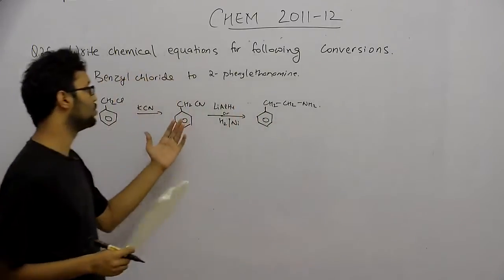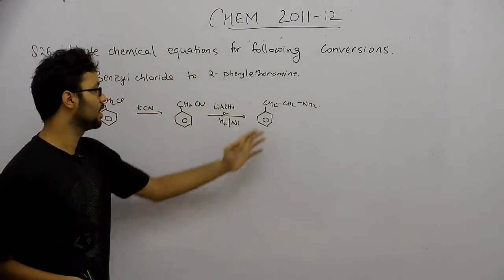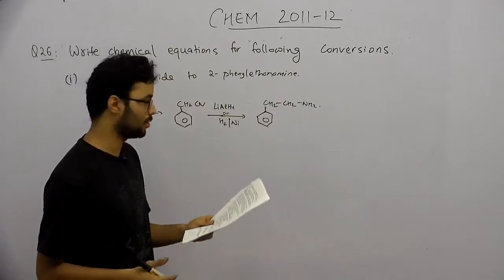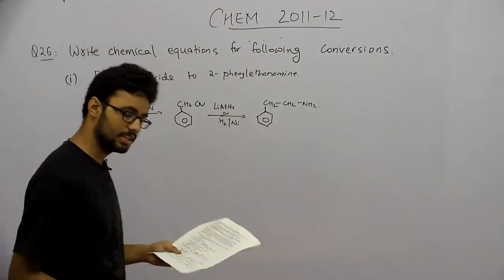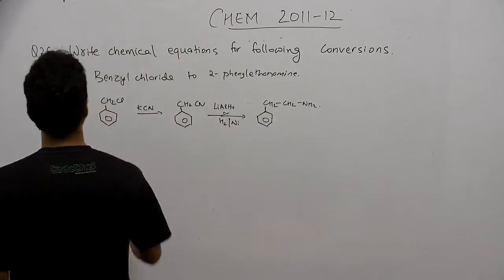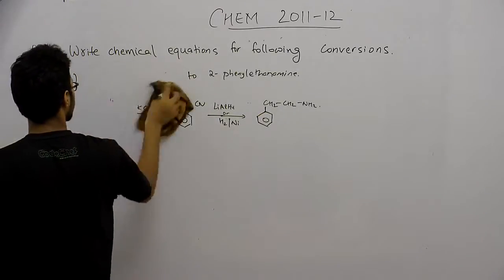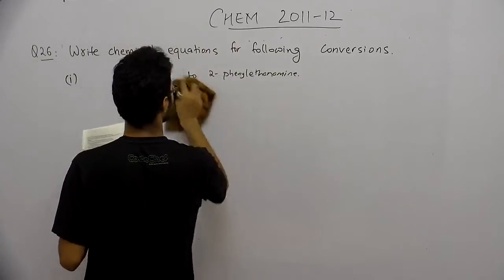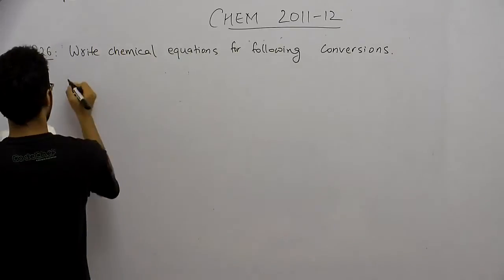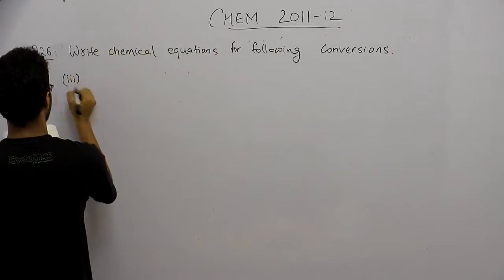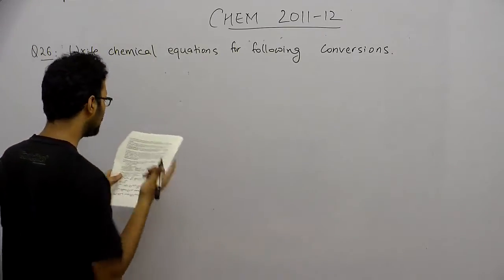So we are reducing the CN group here to CH2NH2, and we finally get 2-phenyl ethanamine. The third conversion that we have to do is aniline to benzyl alcohol.